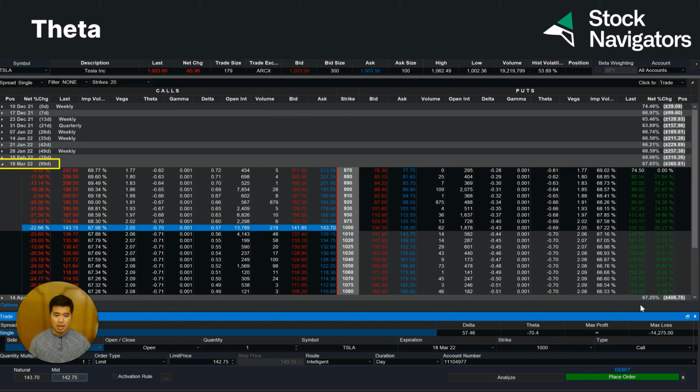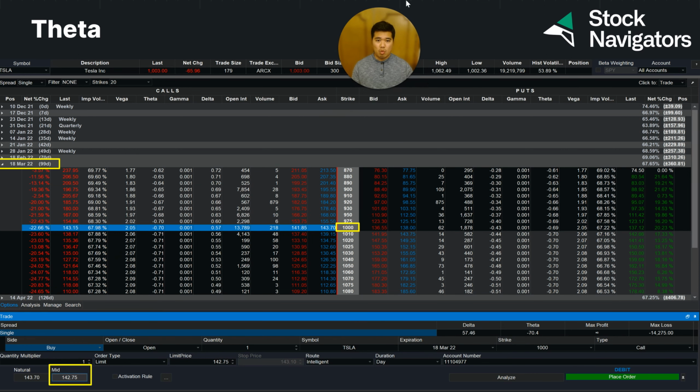So if I pick the $1,000 strike price, with a price of $142.75 per share, that translates into $14,275 per contract, and that amount is reflected in this number over here as your maximum loss.